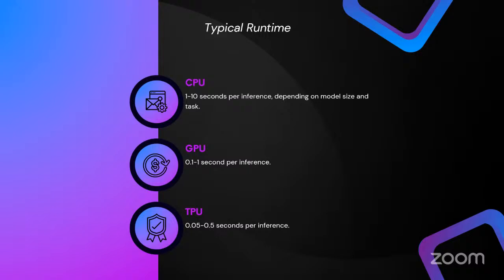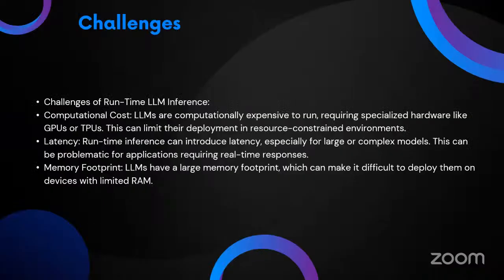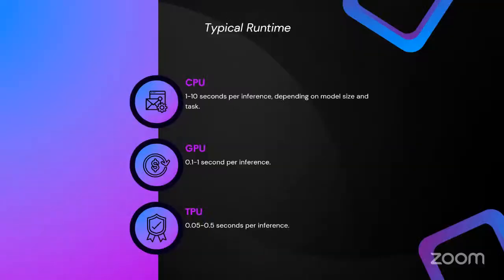So when we shift from CPU, it takes more time than GPUs and TPUs for generating one output, or one inference, at a time. And as we have said, depending upon the model size and complexity, the time will vary.